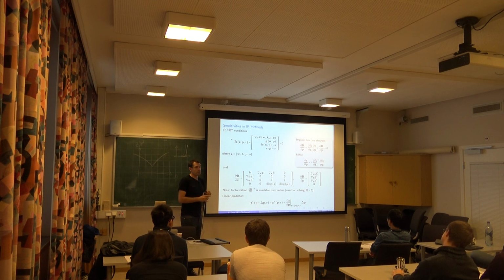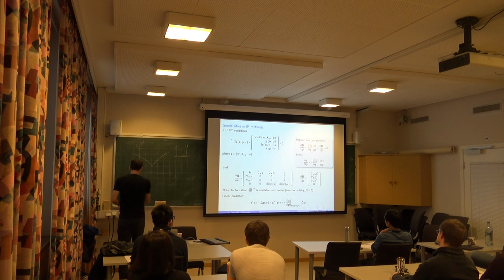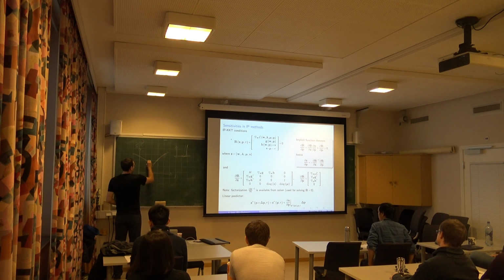And here there's no QP predictors to talk about because we have smooth KKT conditions. So there's no subgradient appearing when we go around changes in the active set, because we actually have a smooth manifold here. So the derivative del z del p exists everywhere.